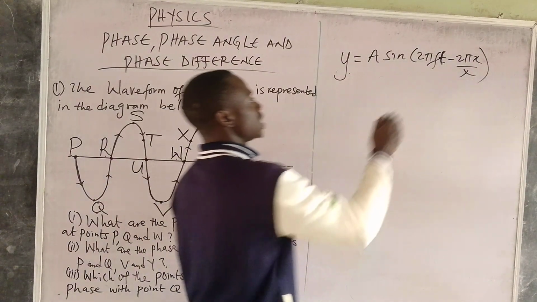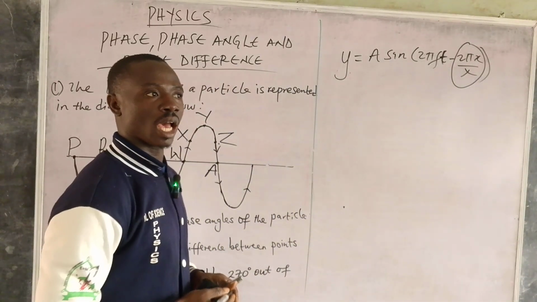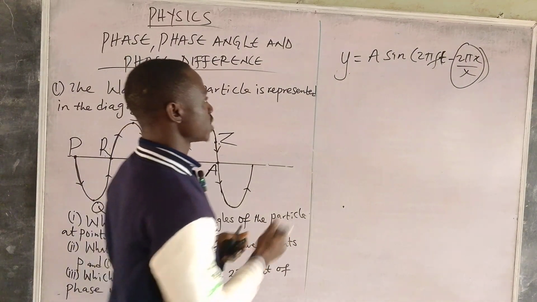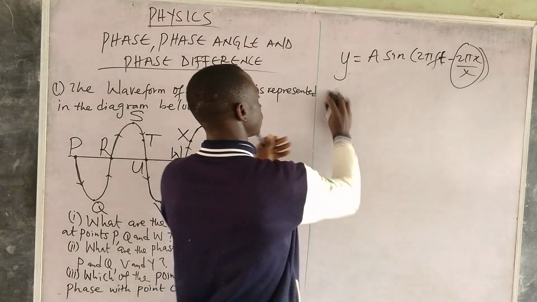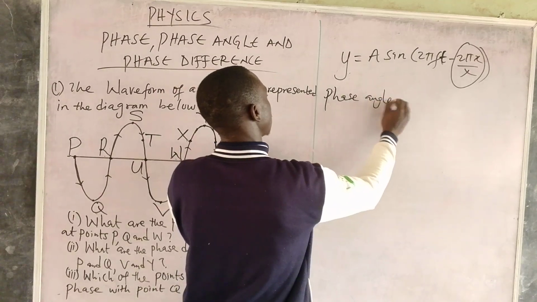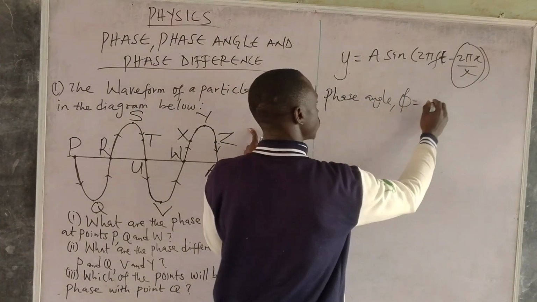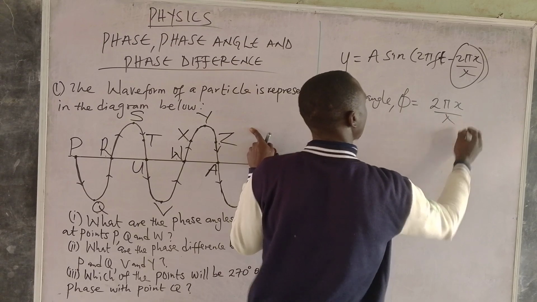Remember, this particular expression here is the phase angle, which is phi. So the phase angle phi will be equal to 2 pi x over lambda.